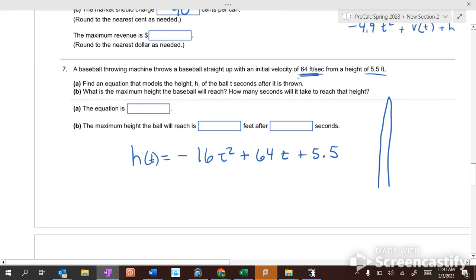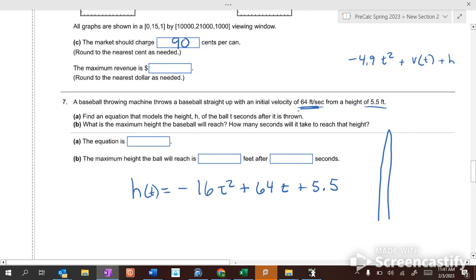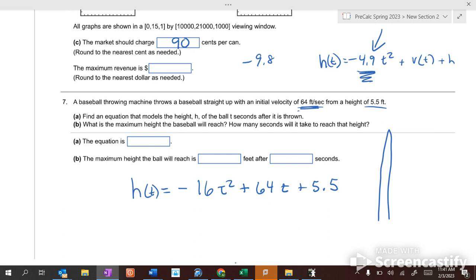Okay, so for all problems with meters per second, you use negative 4.9 because that's the acceleration due to gravity. Gravity is negative 9.8 meters per second squared, and it's 1/2 of that in the height equation, plus your initial velocity upward, plus how far you were up.